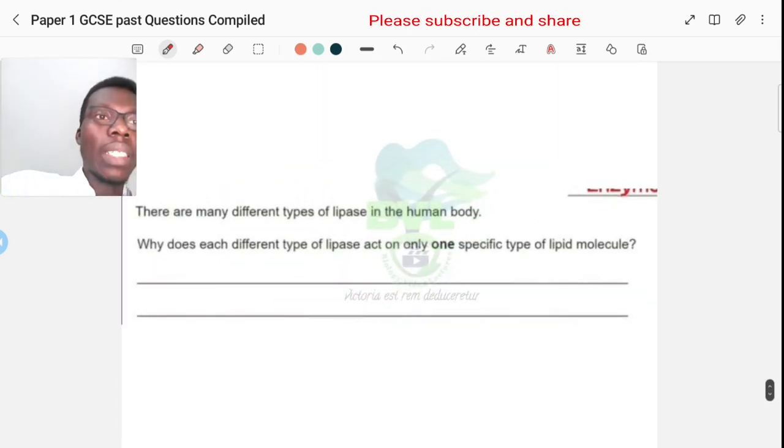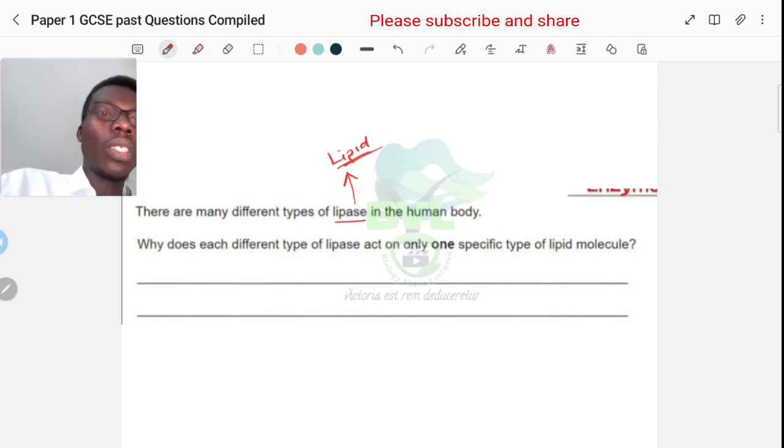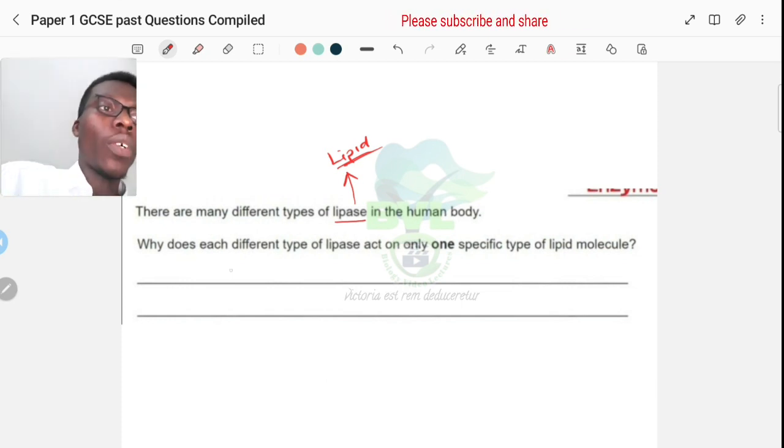There are many different types of enzymes, like lipase in the human body. Lipase is an enzyme that digests lipids, or we say fat. Why does each different type of enzyme act on only one type of lipid molecule?